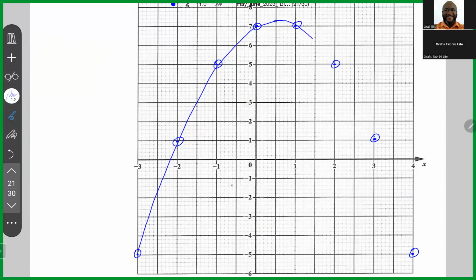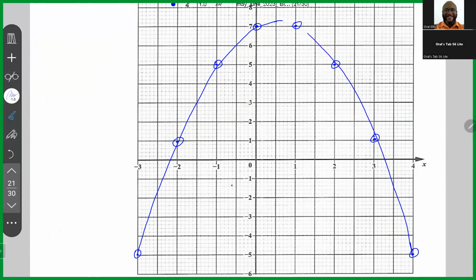You might not have that. You try and draw the best graph that you can. Being the perfectionist, I'm going to draw over that last side. All right, still not perfect, but I'm going to work with this.